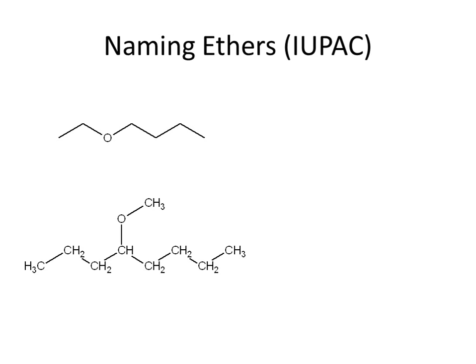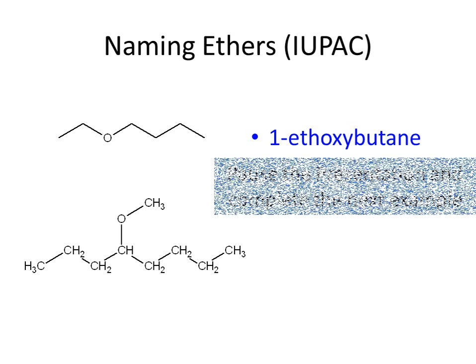So that would be an ethoxy group, eth for 2, oxy indicating that it's an ether. And the position number is needed here because right now the ethoxy group is on carbon 1 of the butane. If we shifted it over a carbon, put it on carbon 2, then we'd have a completely different structure. So the position number is needed, and the name of this compound would be 1-ethoxybutane.